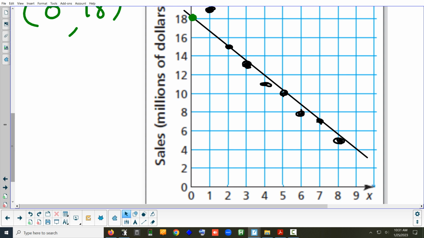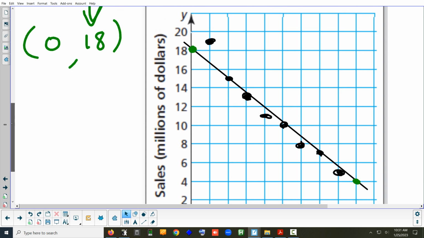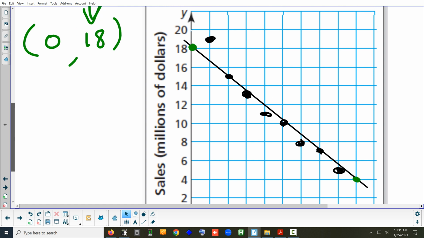If somebody said 9, 4, I would say you could use that one. The point is just to find 2 points that are pretty close to the line. I'm going to use the 9, 4 because that one looks even closer to where the grid crosses. So I've got 0, 18 and 9, 4.